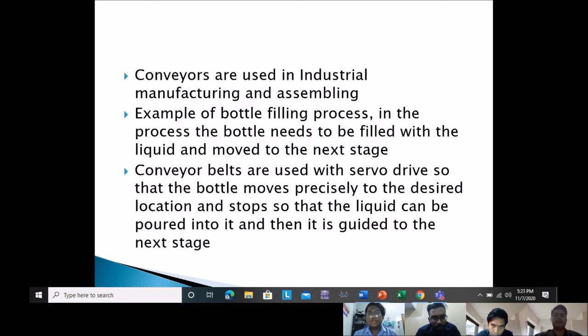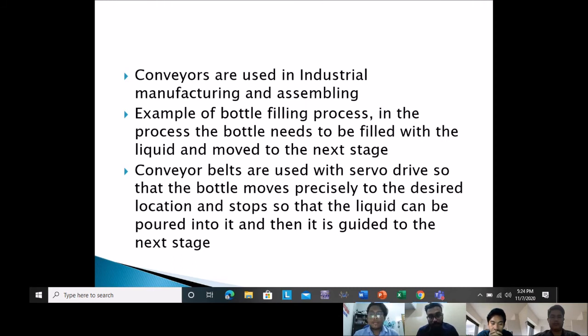Okay, conveyors are used in industrial manufacturing and assembly. For example, the bottle filling process that's shown in the video. In the bottle filling process, the bottle needs to be filled with liquid and then moved to another stage. The conveyor belt is used with a servo drive so that the bottle moves precisely to the desired location.